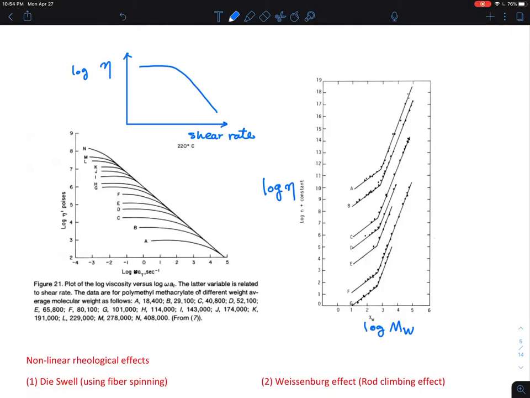This is a very similar plot, and this is the viscosity for different molecular weights of the same polymer. This plateau essentially corresponds to what is called the Newtonian viscosity region. Okay, so as you can see, there's a flat region, right? This is what we always call the Newtonian viscosity, and it's also called the Newtonian region. Whereas in this one the viscosity now depends on the shear rate, and so this is non-Newtonian.